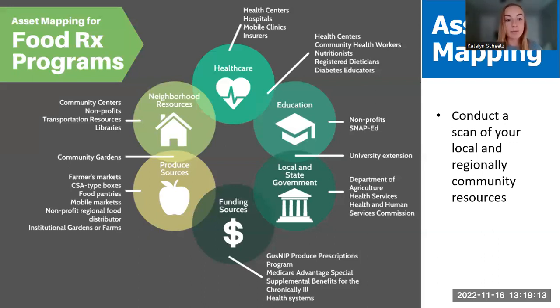Is there a local farmer who's willing to set up a CSA, which stands for Community Supported Agriculture, a CSA type box distribution? Are there farmers markets? Some areas have food distributors who are for profit or not and are willing to become involved.